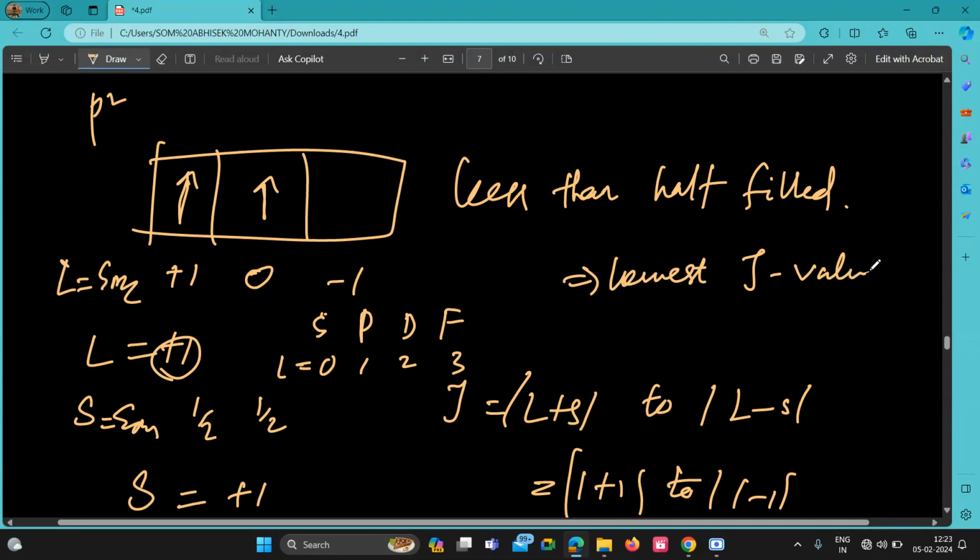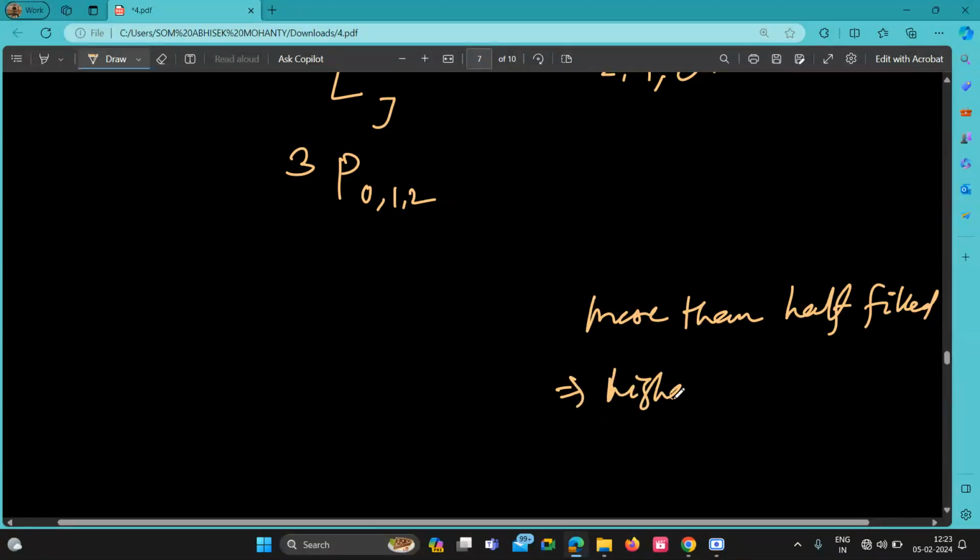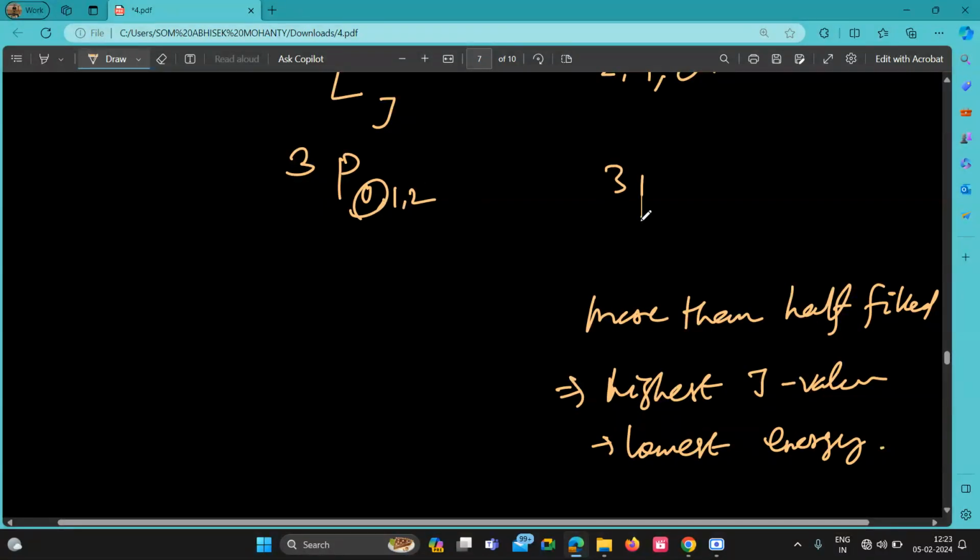If it was more than half filled, like p4 or p5, then the highest J value will have the lowest energy. So here the lowest J value is 0. So 3p0 is the ground state, and we know it's in the options.